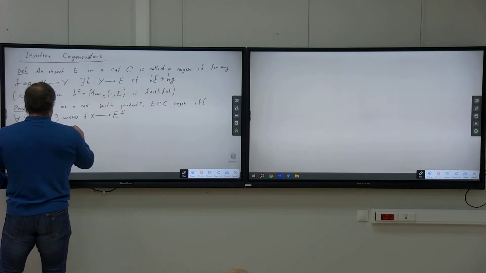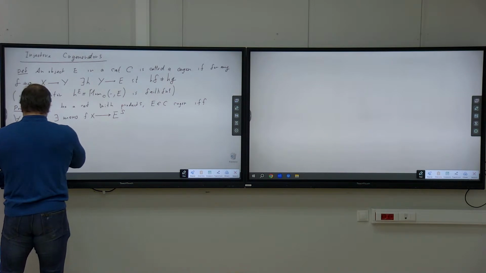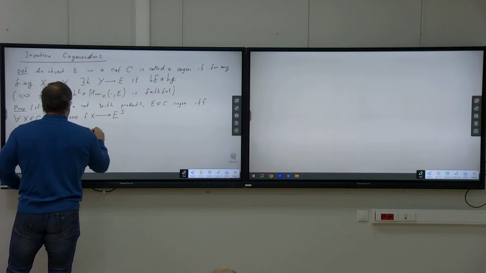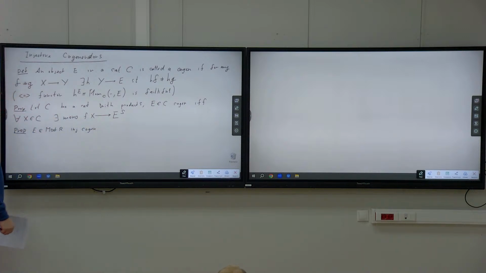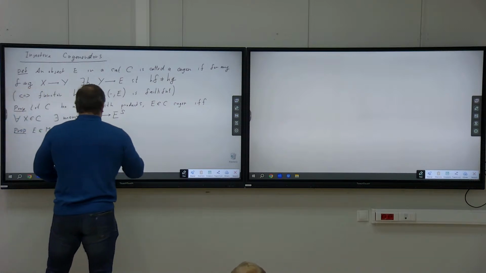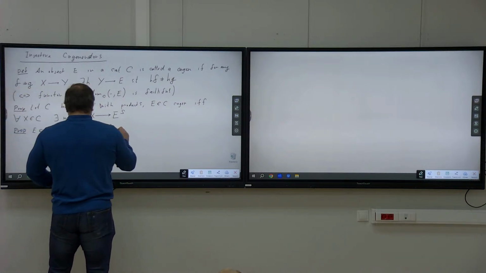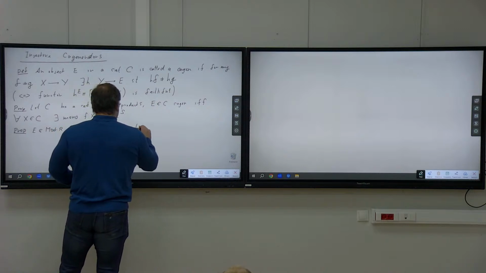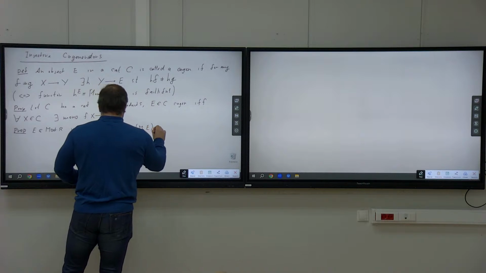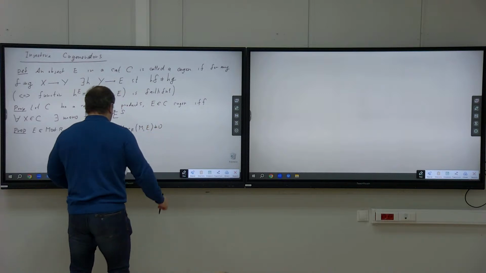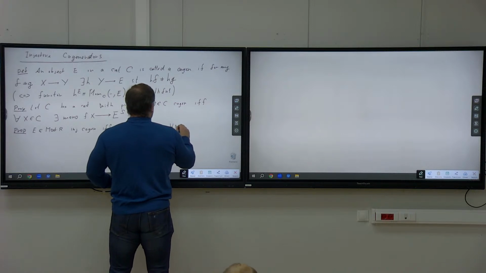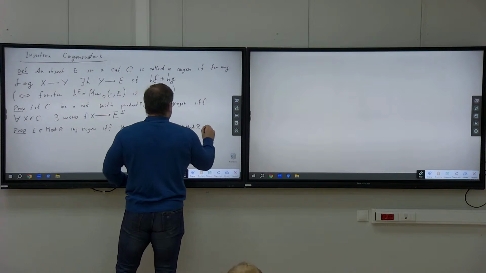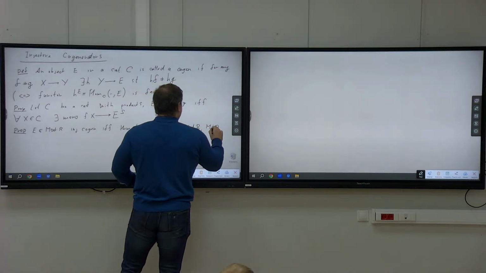So E is an injective cogenerator, meaning that this is injective as a module and also a cogenerator, if and only if Hom over R from module M to the module E is non-zero for any module M which is itself not zero.